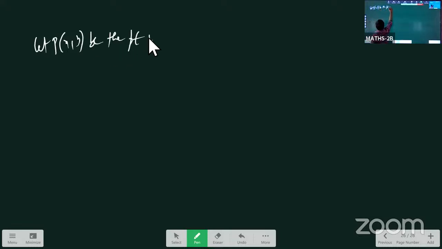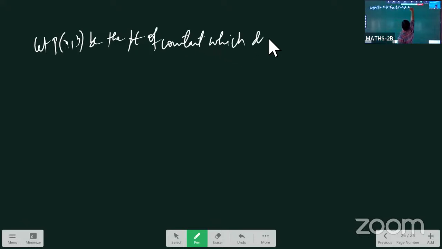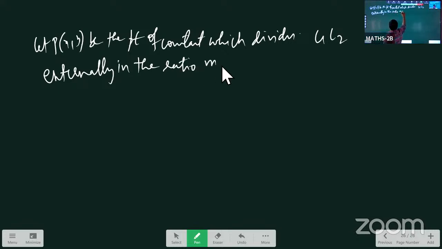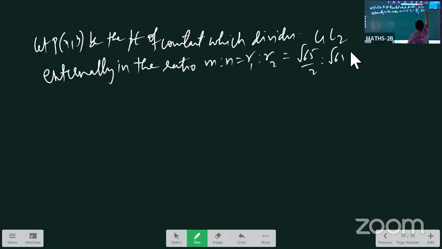If they touch each other internally, let P(x, y) be the point of contact which divides C1, C2 externally in the ratio m is to n, R1 is to R2. But what is R1? Root 65 by 2. What is R2? Root 65.